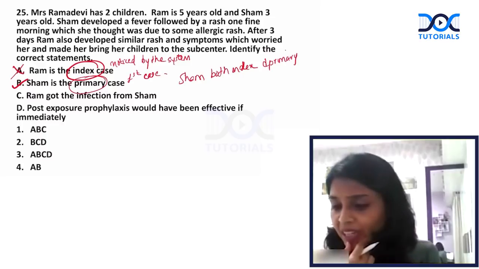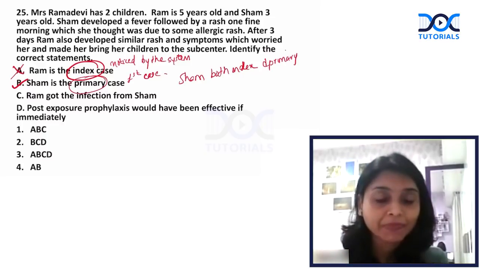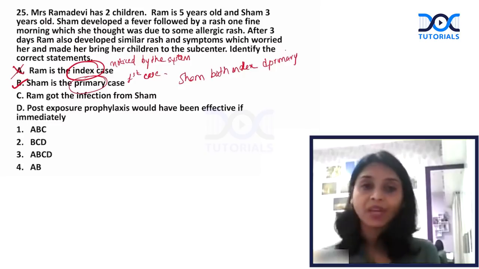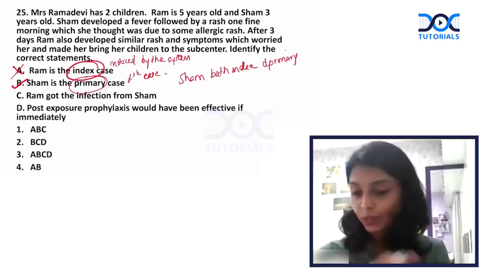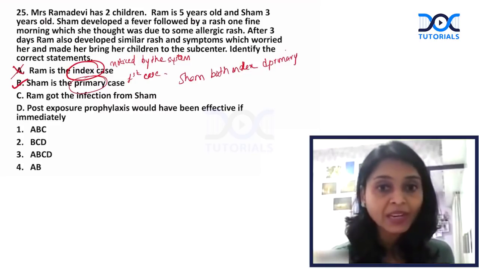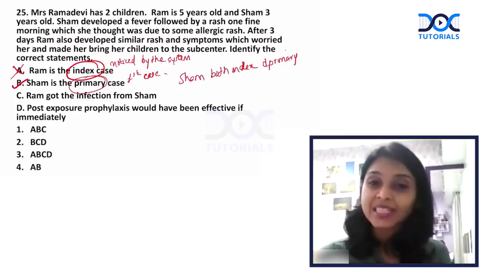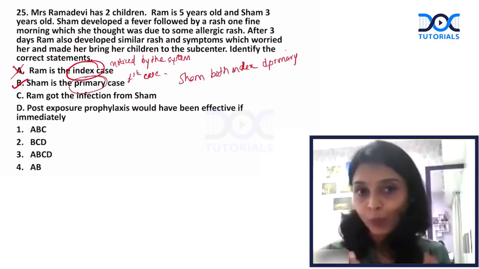No, I'm not talking about incidence and prevalence. I'm talking about the index case and primary case. I think I'll tell you. Here, the disease they are considering is measles, a viral infection with complaints of rash. Measles. Okay. If it is some viral infection, then there is no problem.